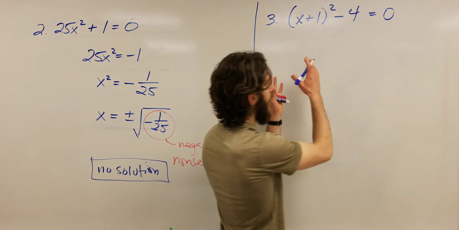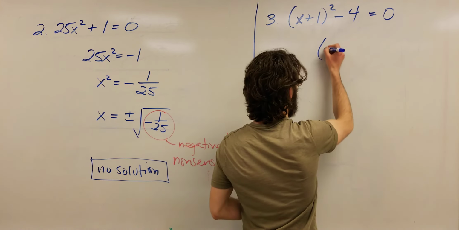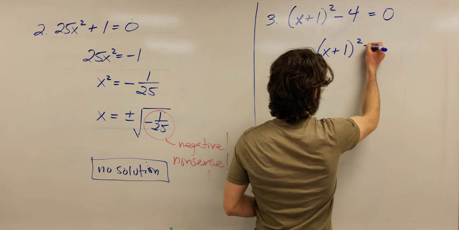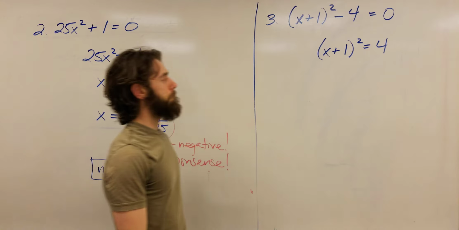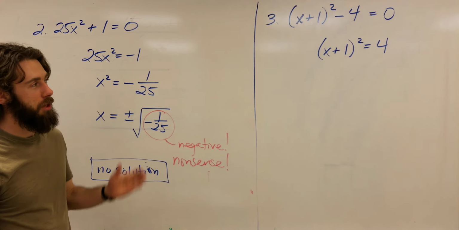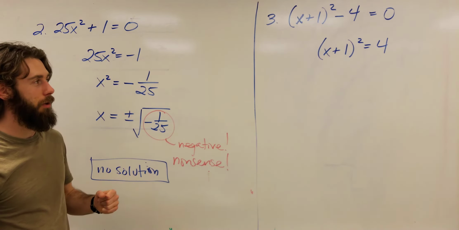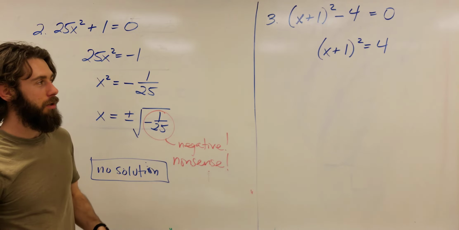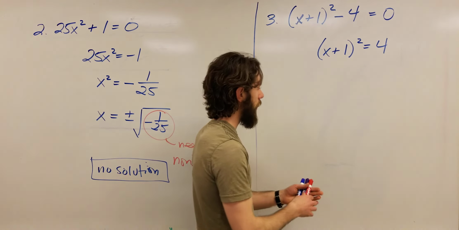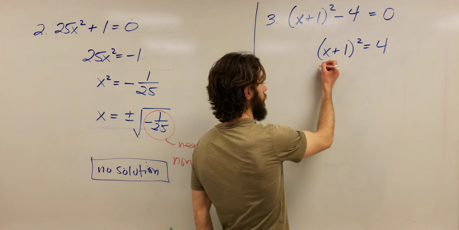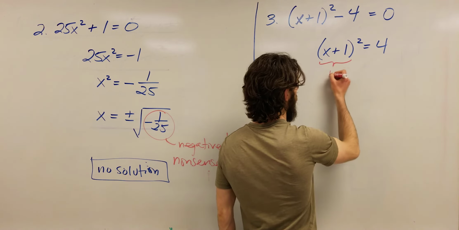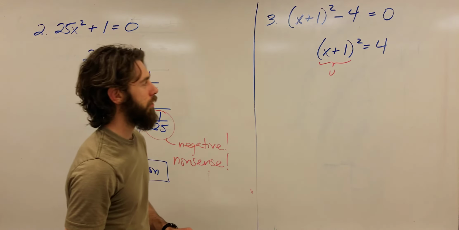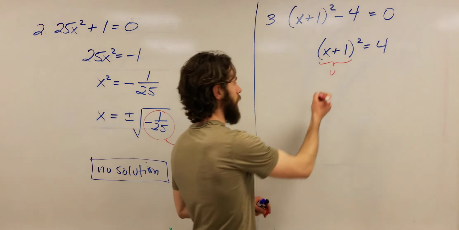I will add the 4 to the other side. Okay, and now we have a thing squared equals a number. So we can think of everything that's in here as u. So altogether that makes u squared.